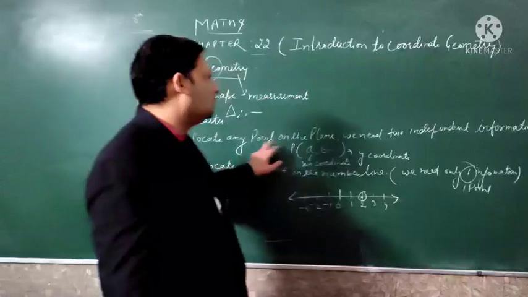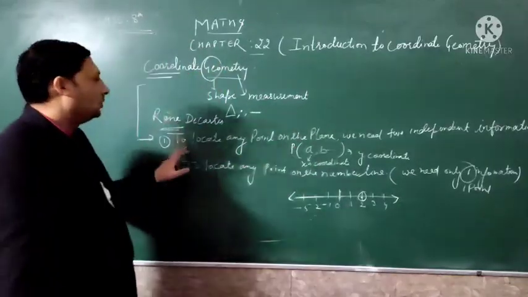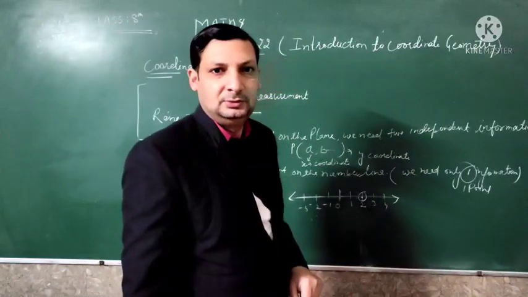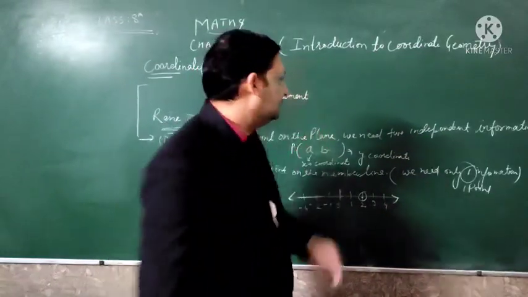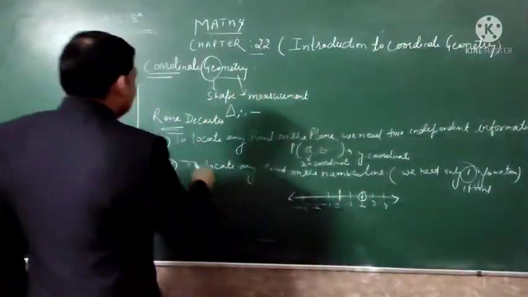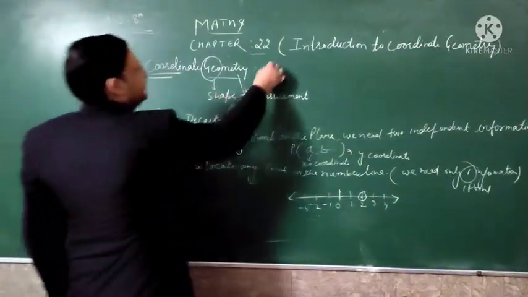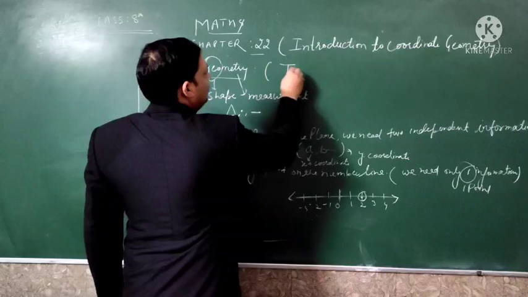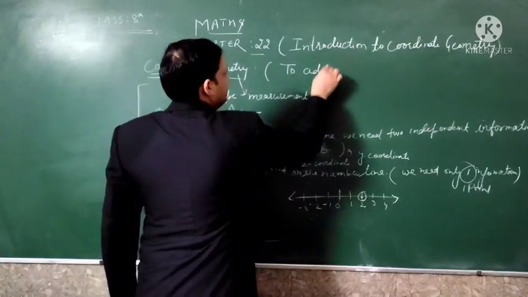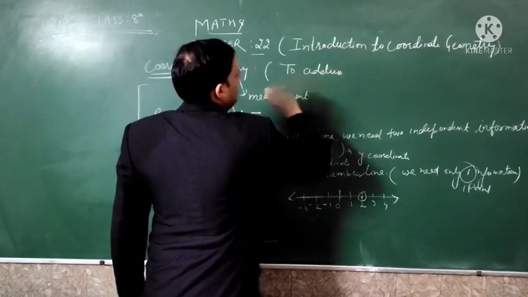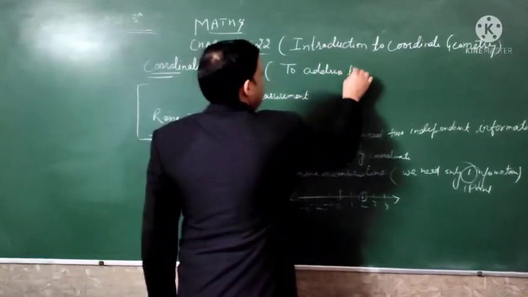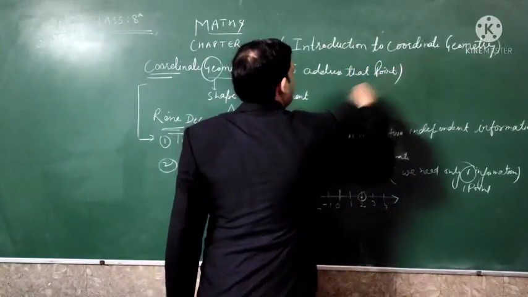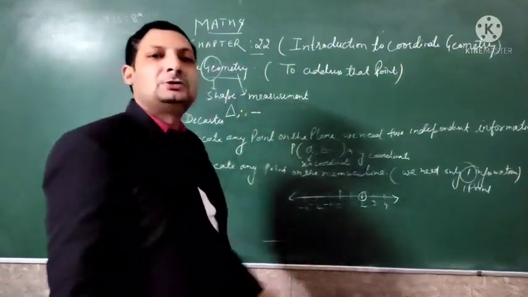But in the case of coordinate geometry, we need two independent pieces of information. In a simple way, coordinate geometry means to address that point, that is, the location of that point.